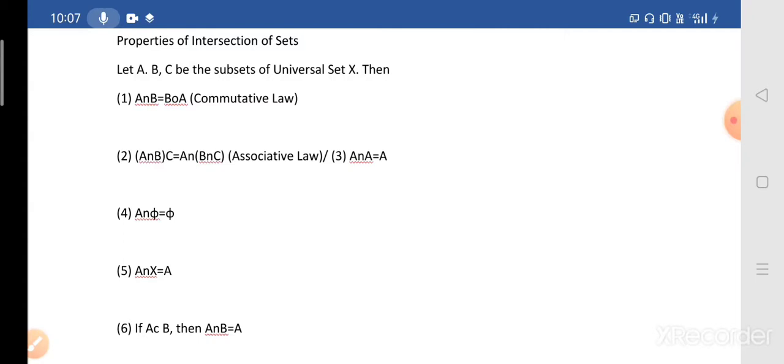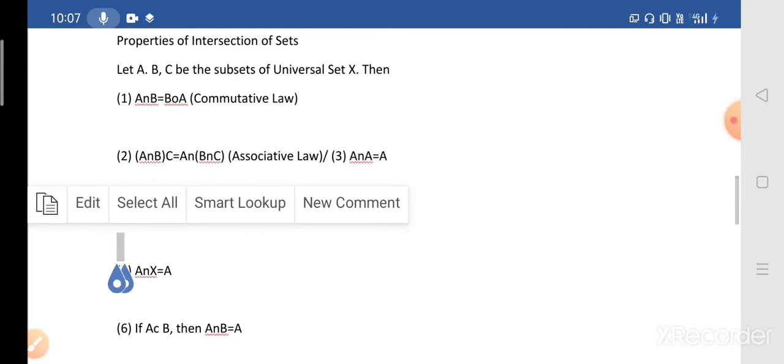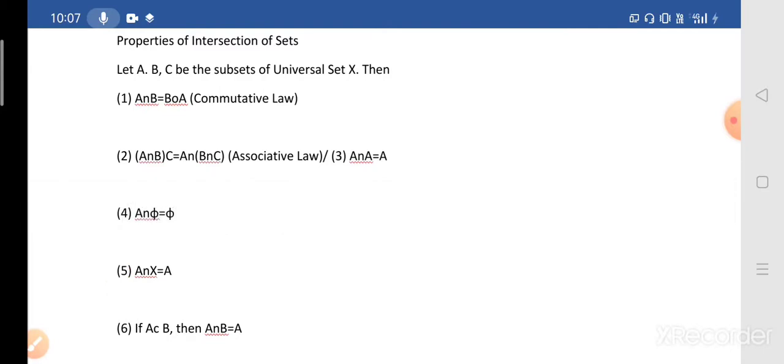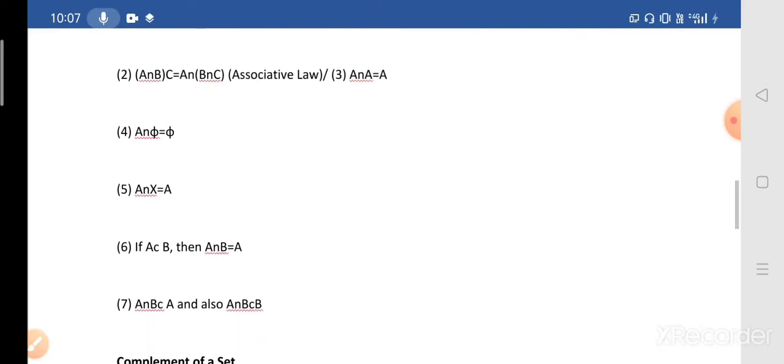A intersection A is A. A intersection phi is phi. A intersection X, the universal set, is A. If A is a subset of B, then A intersection B is A. Here, A intersection B is a subset of A.